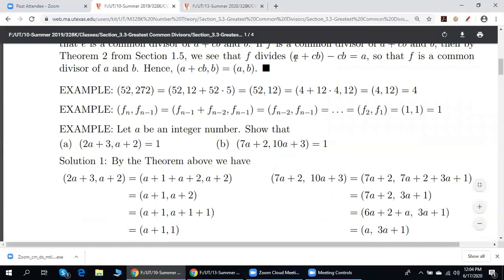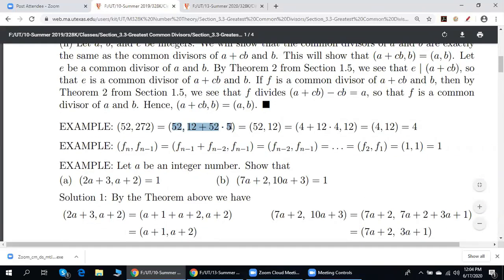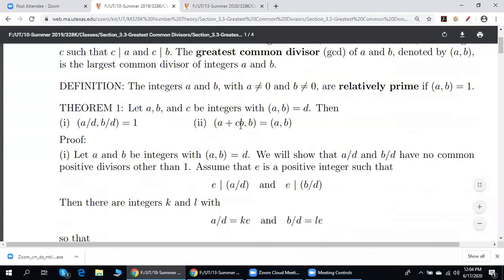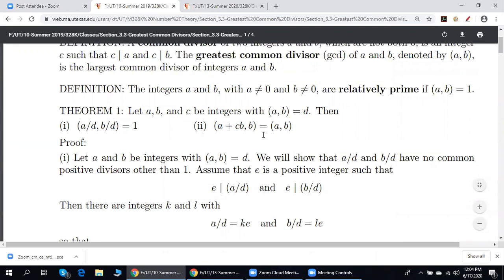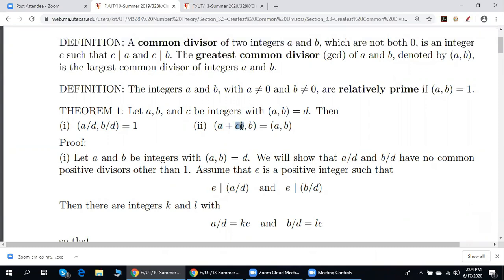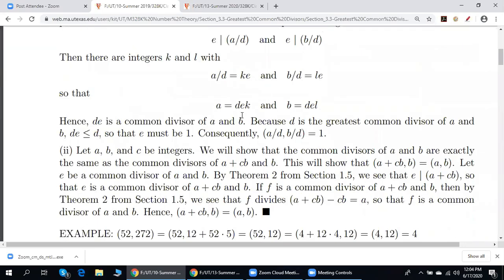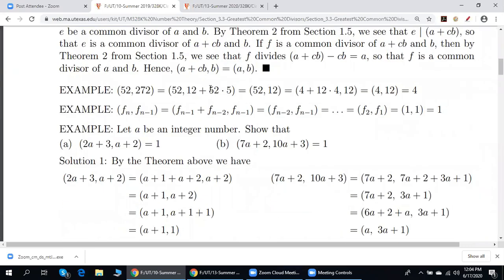By this formula, what is written here can be rewritten as the greatest common divisor of 52 and 12. In other words, if you look at this formula in simple words, if you have A plus CB, comma B, CB can be cancelled. It's exactly what we do here. We cancel out this term. What is left is 12.